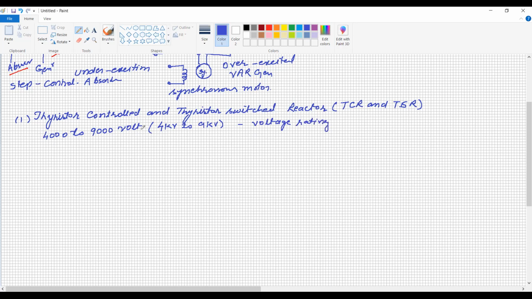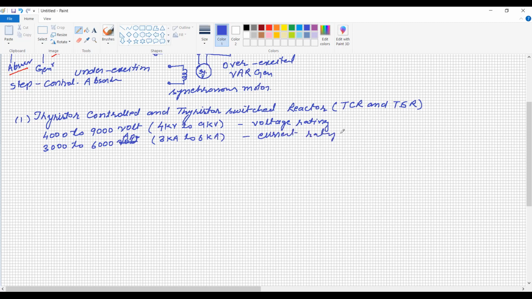Whereas the current rating is from 3000 to 6000 ampere, which it can handle safely. So we can say that 3 kA to 6 kA is the current rating.